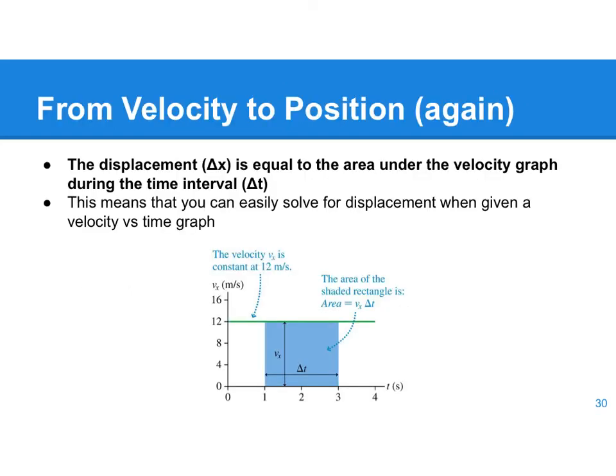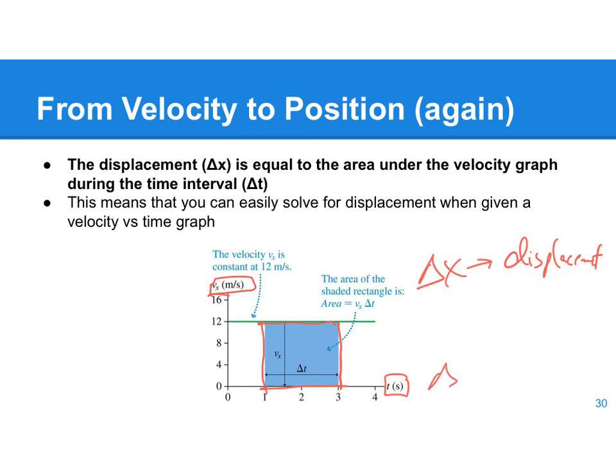Now, the last thing we're going to take a look at, again, is the velocity versus time graphs. So here I have the velocity versus time. The displacement, delta x, is the area under the curve of a velocity versus time graph. And here we have this nice square or rectangle, whatever you want to call it.